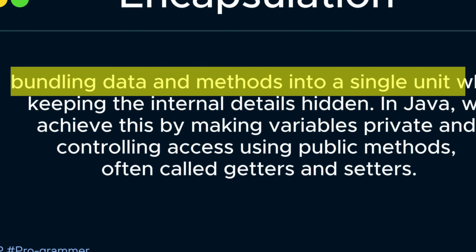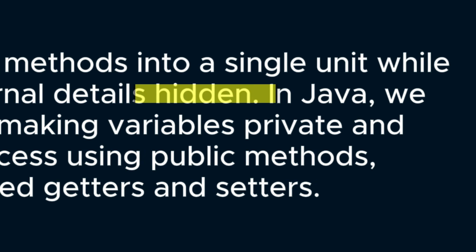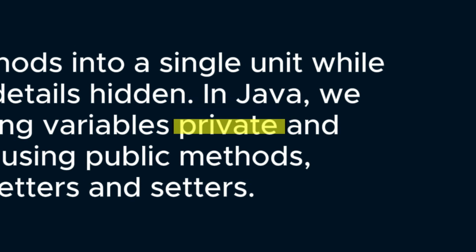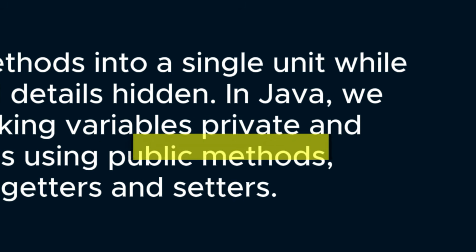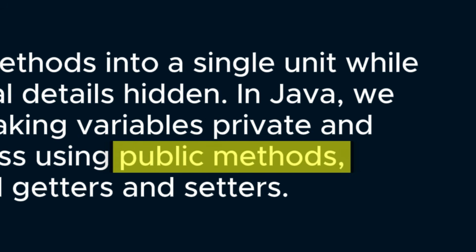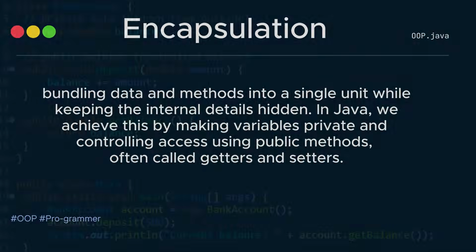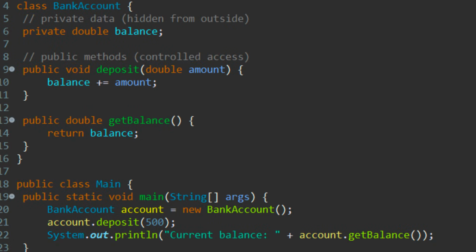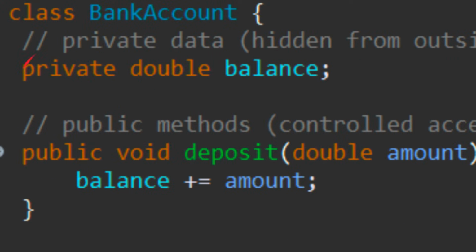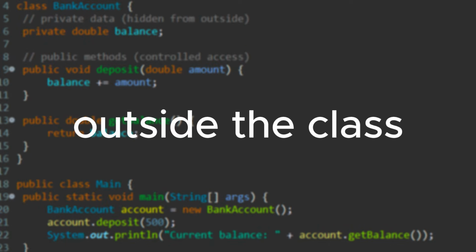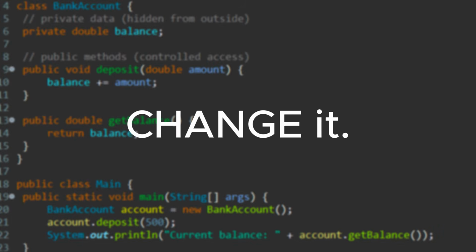Encapsulation means bundling data and methods into a single unit while keeping the internal details hidden. In Java, we achieve this by making variables private and controlling access using public methods, often called getters and setters. For example, in our code, the balance variable is private. This means no one outside the class can directly change it.